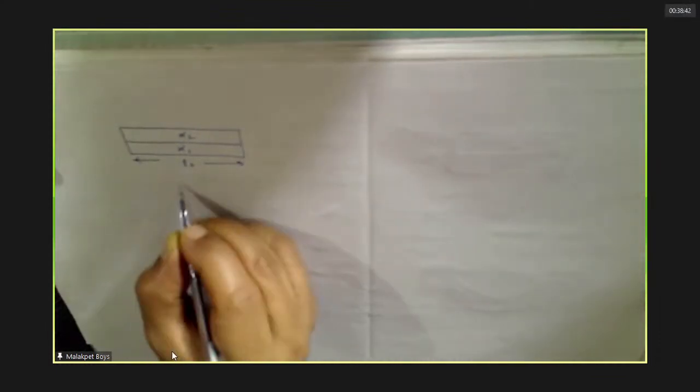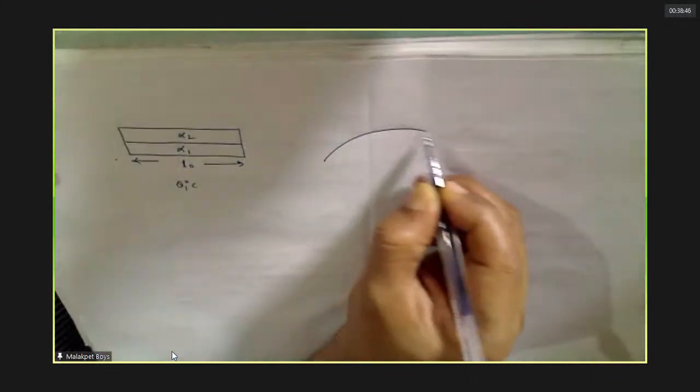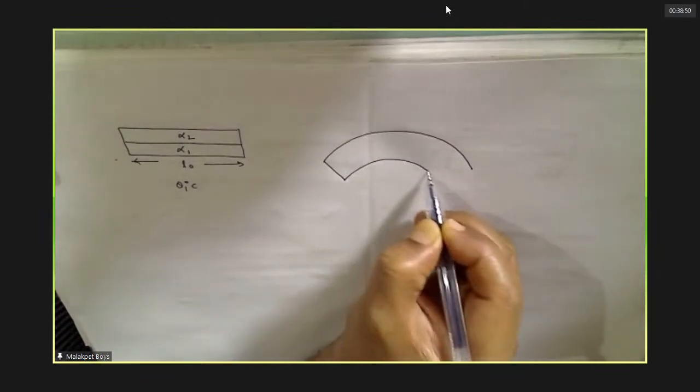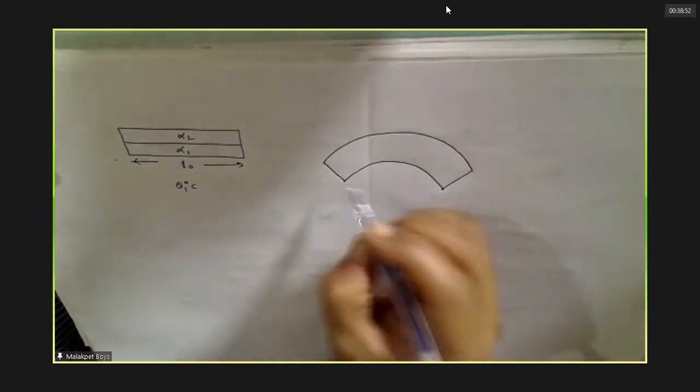Okay. See, initially you are having a strip like this. This is alpha 1, this is alpha 2, this is L naught. Say temperature theta 1 degrees. Now you have seen that they expand. Due to unequal expansions, it will be bending.